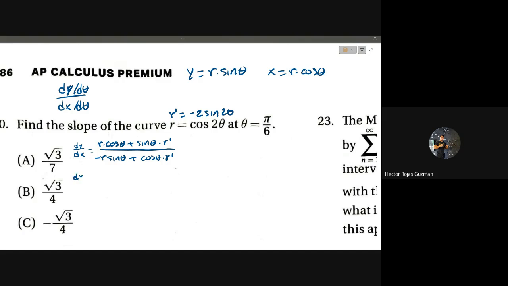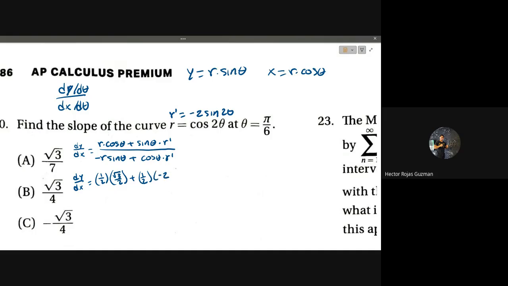So r, if I plug in pi over 6 right here, I'm basically doing cosine of pi over 3, which is 1/2. Cosine of pi over 6 is the square root of 3 over 2. Sine of pi over 6 is 1/2. And if I plug in pi over 6 into r prime, which is this guy, you know what, let me ignore the negative 2.